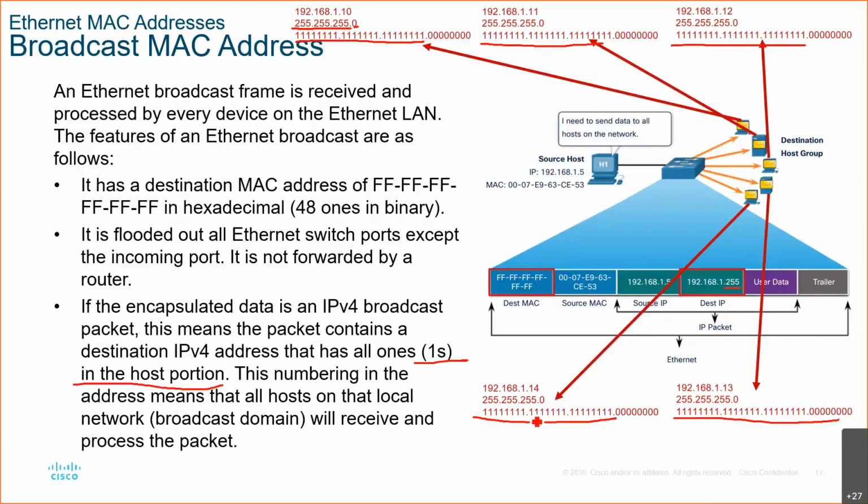So that's what sending a broadcast means. You send it to all the devices in the network. In IPv4, broadcast is 255, and in hexadecimal, this is how you represent it.